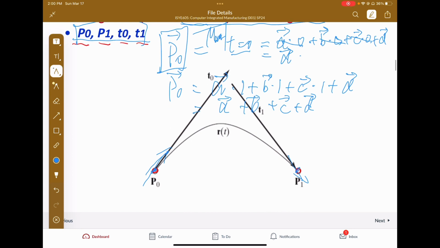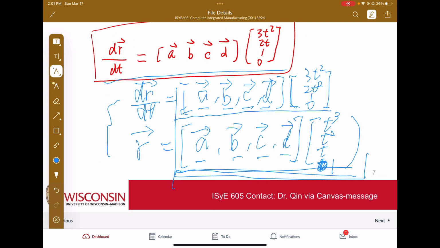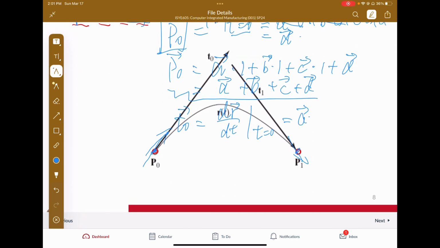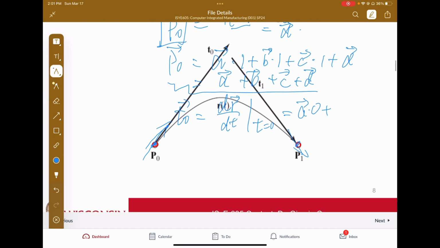So we have a second equation. So the third one is T1, right? T1 is dt at t equals to 0, right? So we go using this equation, and when t is 0, so we will have a0 and b0, c, d0.